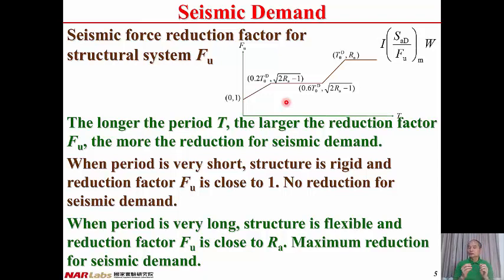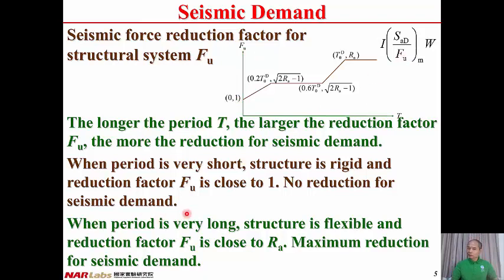Even though the structure may possess ductility, without deformation, ductility cannot be fully developed. Therefore, the reduction factor FU is close to 1, no reduction for seismic demand. So when T equals 0, FU equals 1.